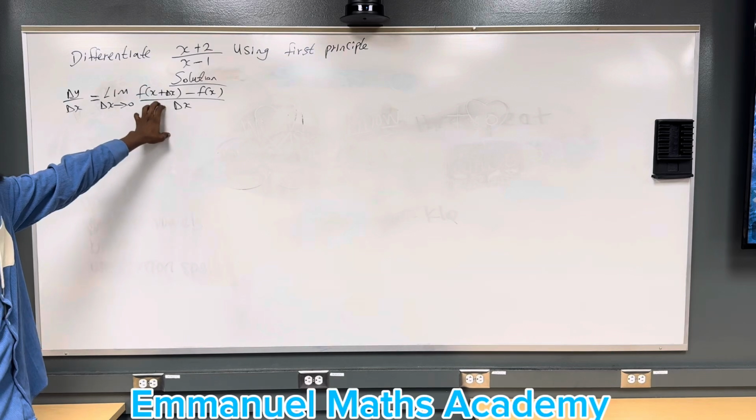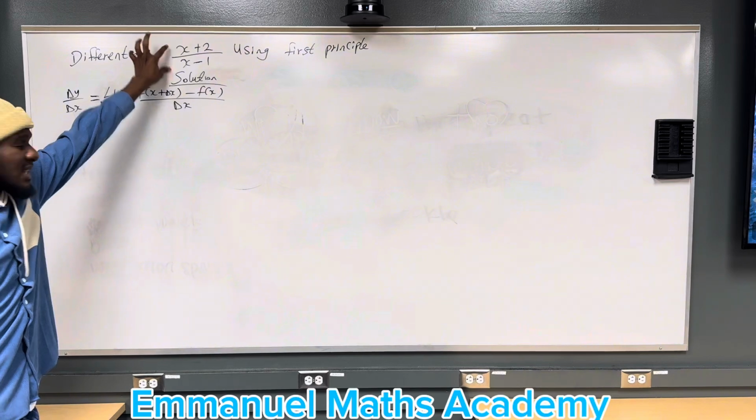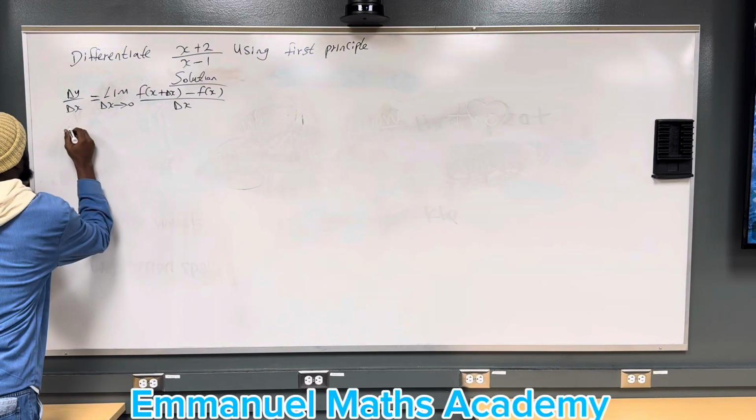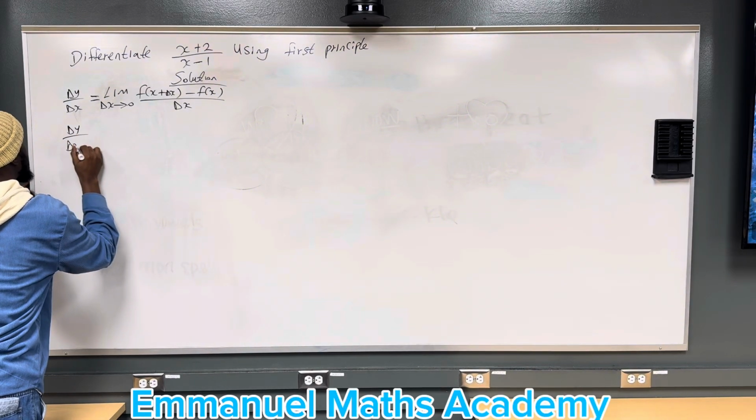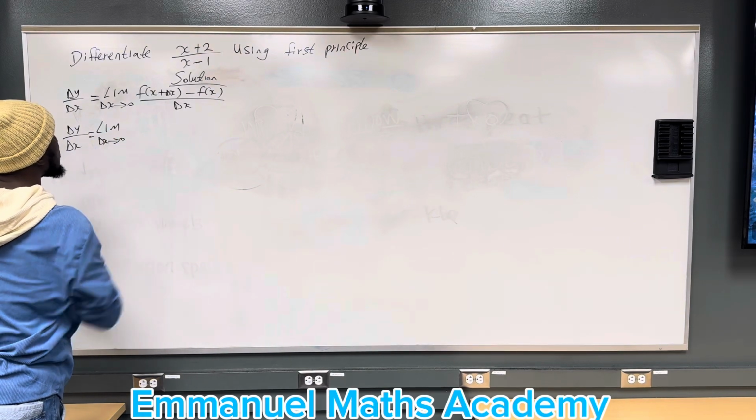So you have to rewrite this in terms of what we have here, in terms of our y. Now look at what I mean. You have delta y over delta x equal to the limit as delta x tends to 0.